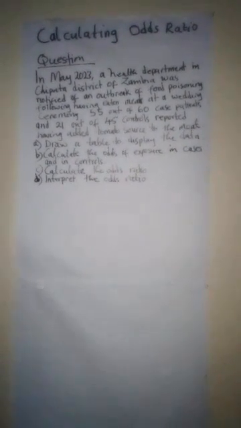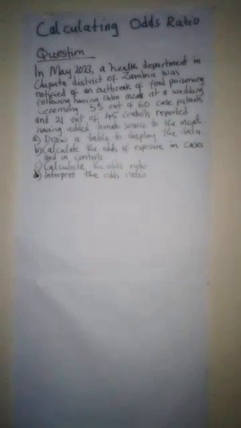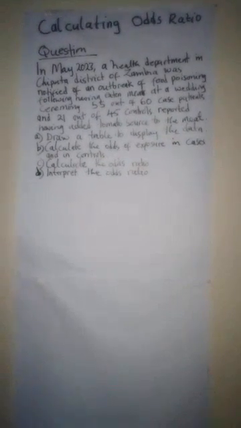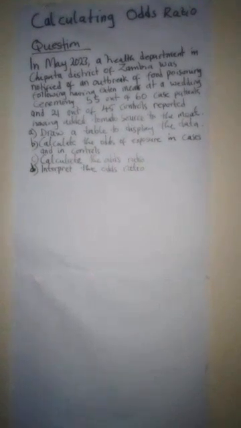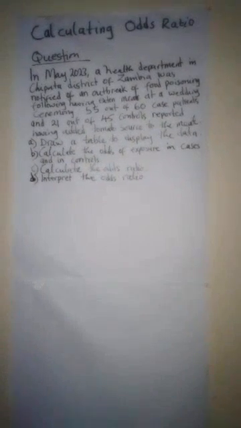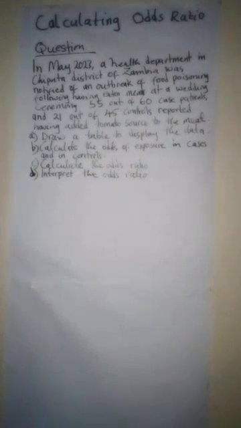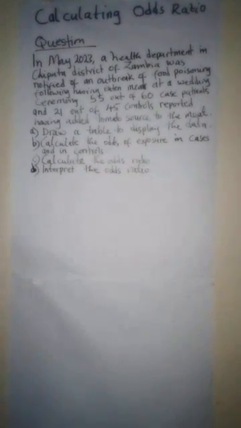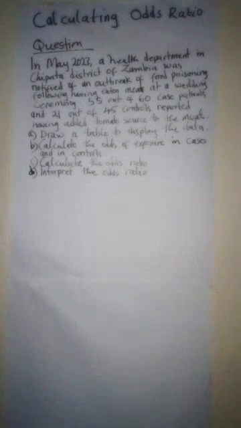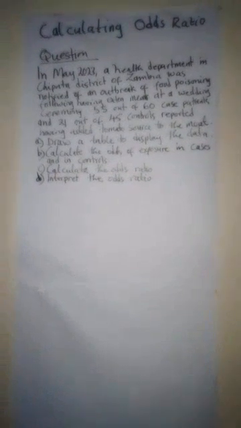Odds ratio is a measure of association that is used to quantify the relationship between the odds of exposure among cases and the odds of exposure among controls in case control studies.